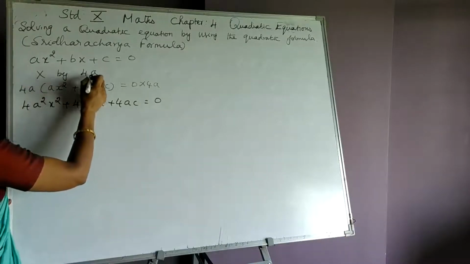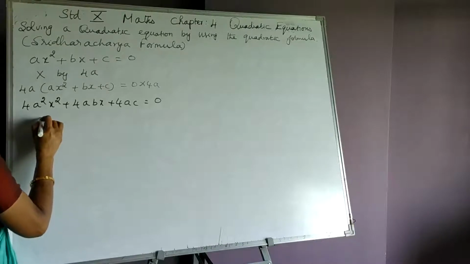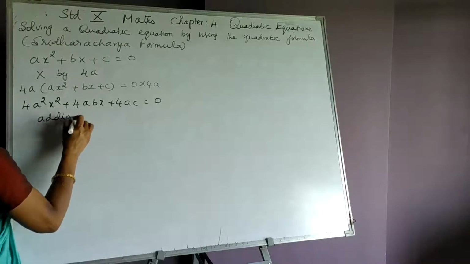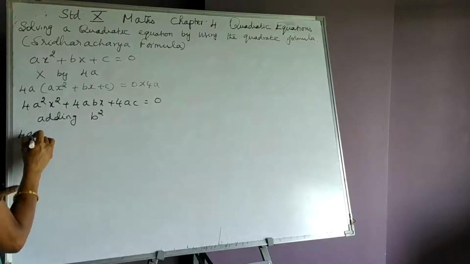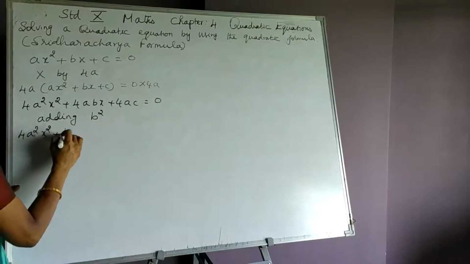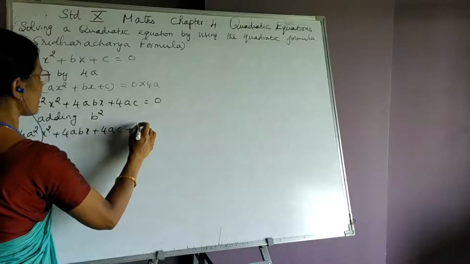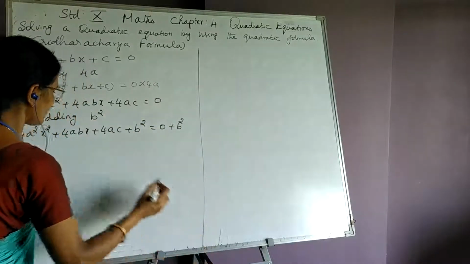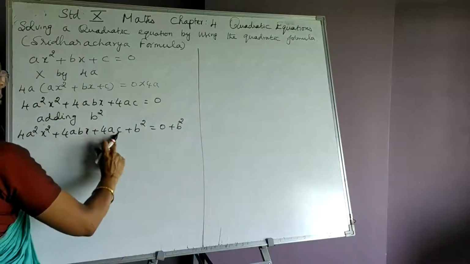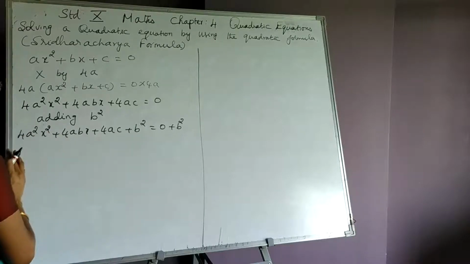How did we choose the multiplier 4a? Like that, we are going to add a suitable term, b square, remember. So adding b square on both sides, it is 4a square x square plus 4abx plus 4ac plus b square equal to 0 plus b square. Out of the 4 terms here, there are 3 terms which make a whole square.